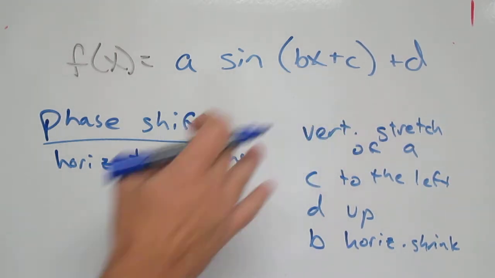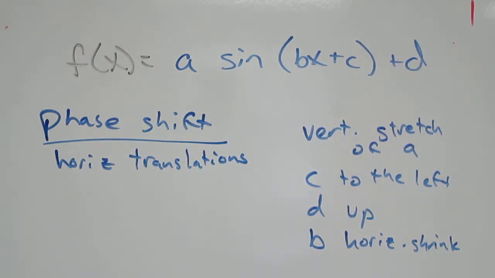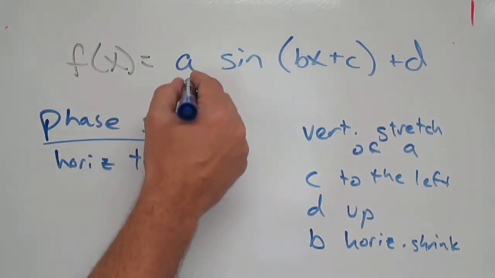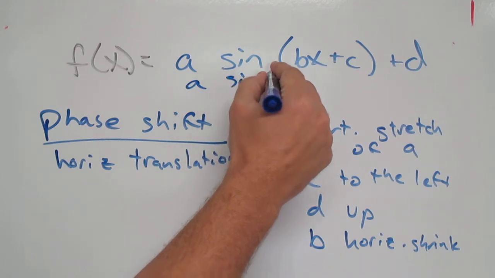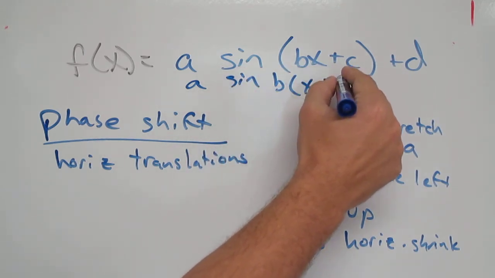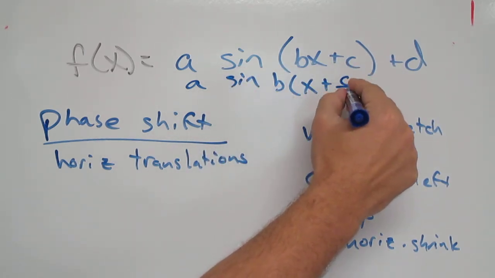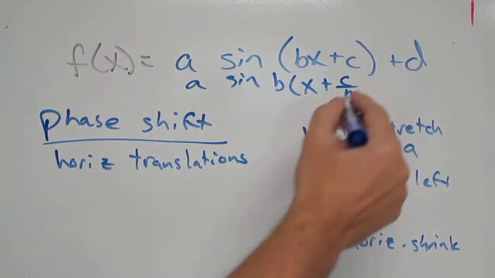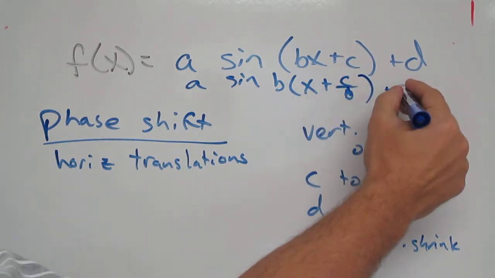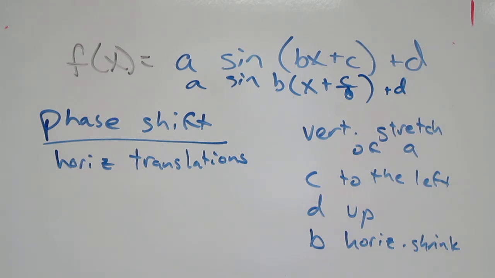If B was the period, C is not the only thing that's occurring here. It's not like the phase shift is just equal to C. Wouldn't that be nice? Because I could look at this as A times the sine of B times (X plus C over B), right? If I factored out that B.